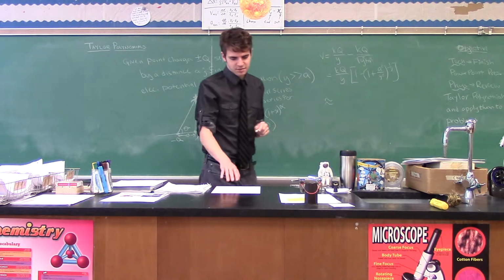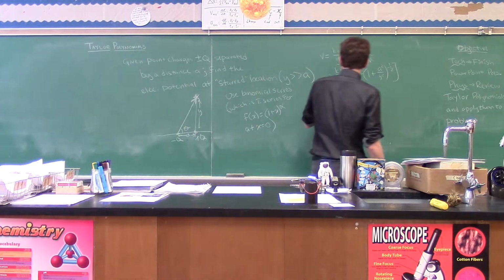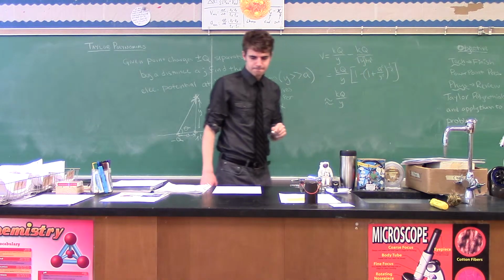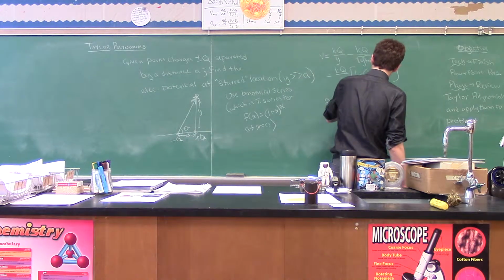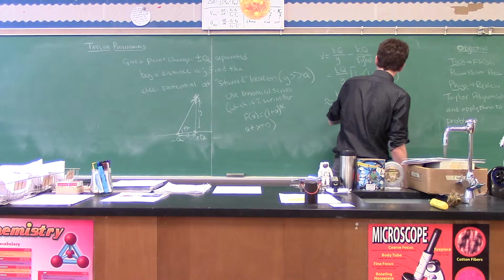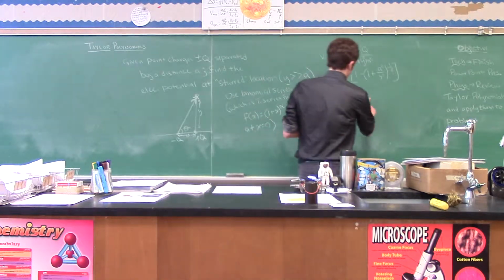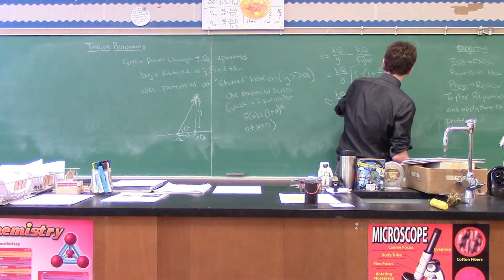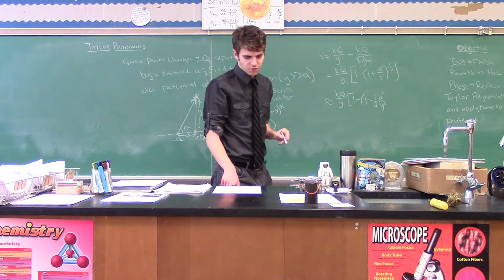So approximately, this is equal to KQ over y times one minus one. Is it a subtraction? Yes, it was. I knew it was a subtraction. I shouldn't have doubted myself. 1/2 a squared over y squared.